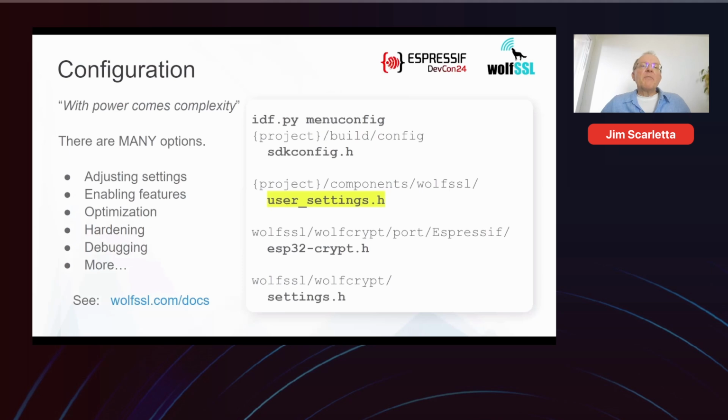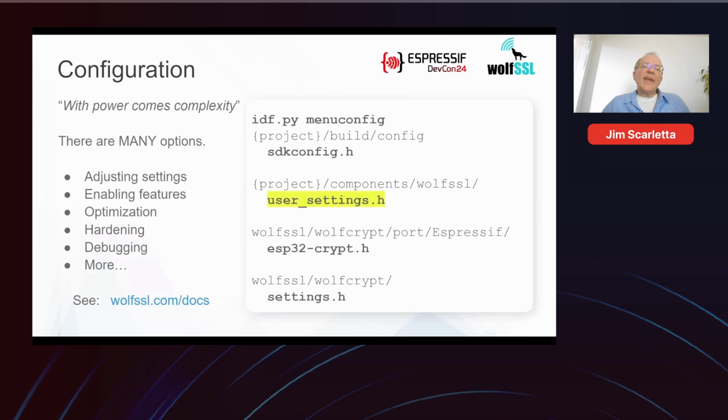So you first start with the IDF menu config. It generates the SDK config file. You don't want to edit that manually because it gets auto-generated. All of the wolfSSL settings are in the user_settings.h. Just for reference here, you can see what goes on in the ESP32 crypt.h file. It's for reference. It's not meant for any changes to be made there.